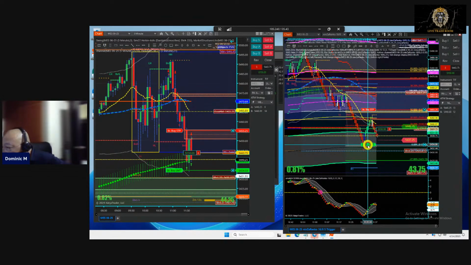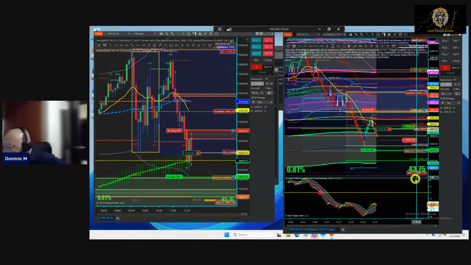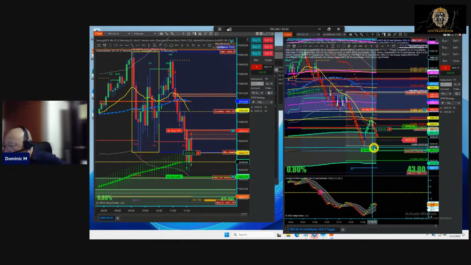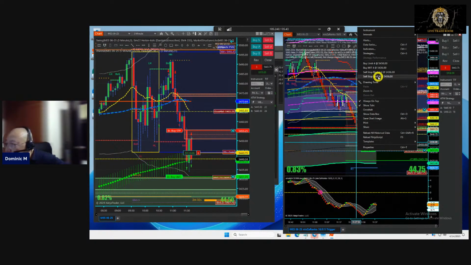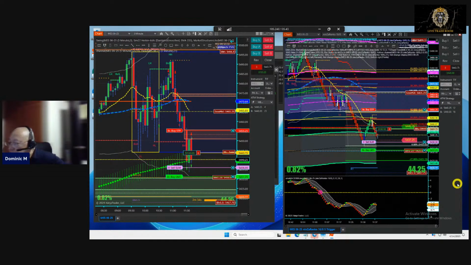Again, the target is there at the 1.25 extension, and also that's the minus 1.25 deviation. This black dotted line right here. Maybe add another one just to make sure. Order submitted. Again, these are micros, not ES.